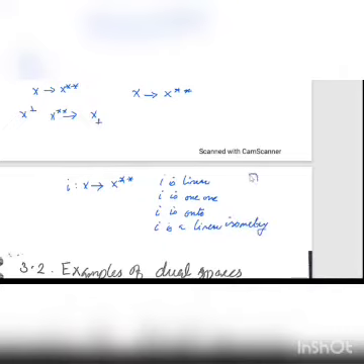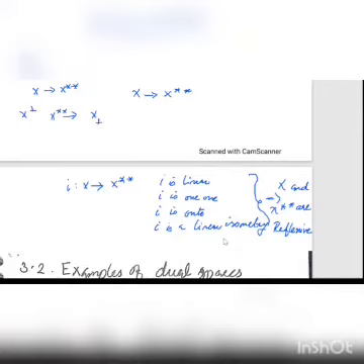Then if all these conditions hold, we will say that X and X double star are reflexive. So that is the definition of reflexive spaces.